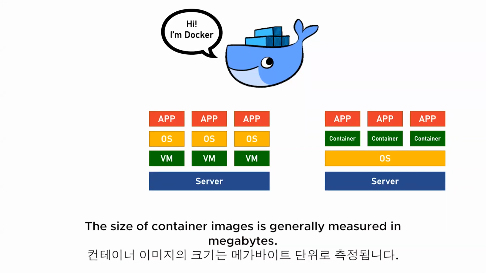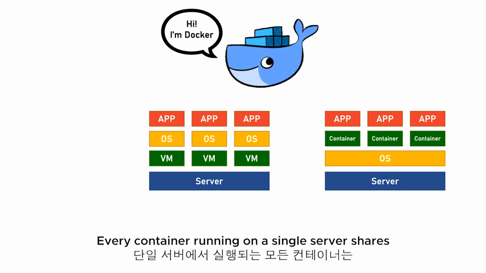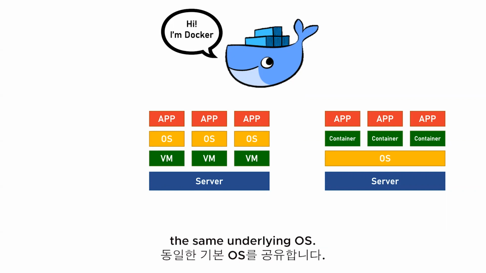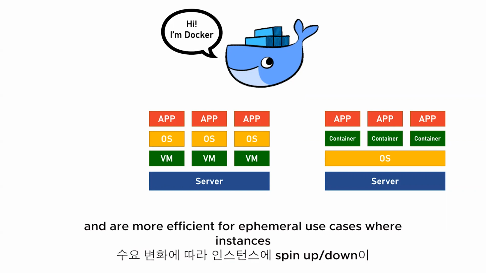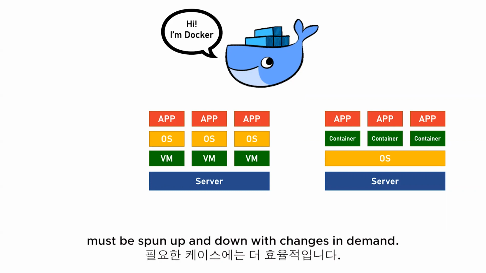The size of container images is generally measured in megabytes. Every container running on a single server shares the same underlying OS. Containers thus can spin up in milliseconds and are more efficient for ephemeral use cases where instances must be spun up and down with changes in demand.